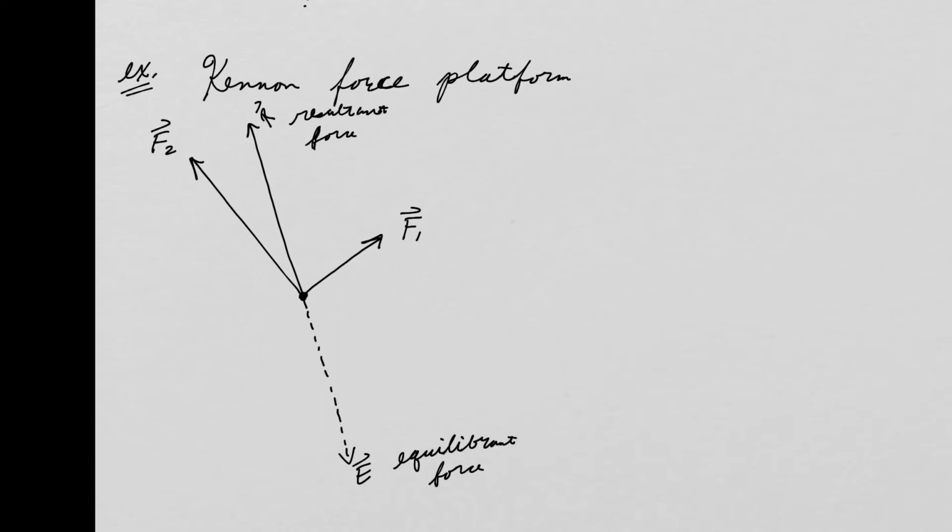Okay, so how do those two relate? Well, remember the magnitude of the resultant force, so ultimately we wanted that in newtons, that was equal to the magnitude of the equilibrant force.